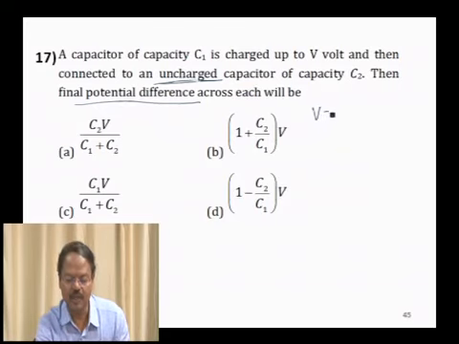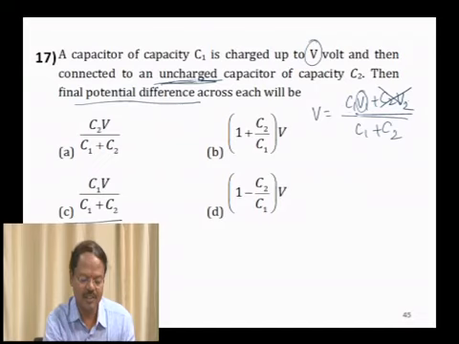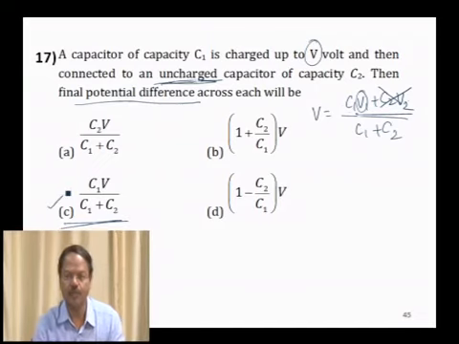You already remember the common potential is C1V1 plus C2V2 by C1 plus C2. It is a direct application of this equation, and here V is the same as V1 and C2 is uncharged, meaning V2 is 0. So this goes off. Your final answer is therefore C1V by C1 plus C2, and therefore C is the correct option for question number 17.